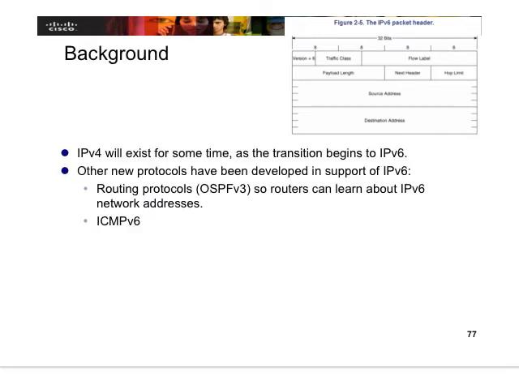So based on that, of course, all the routing protocols, all the protocols in the network layer had to be redesigned completely. So, for example, OSPF. OSPF is one of the dynamic routing protocols.